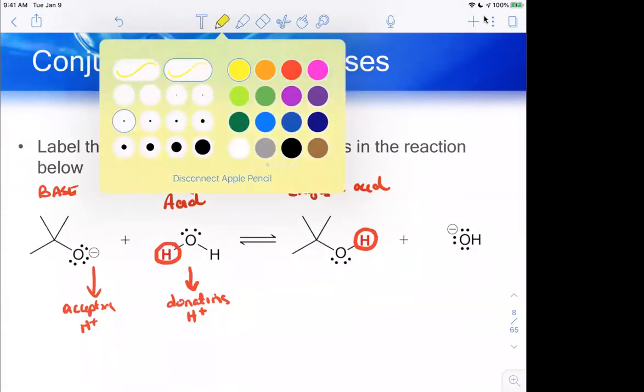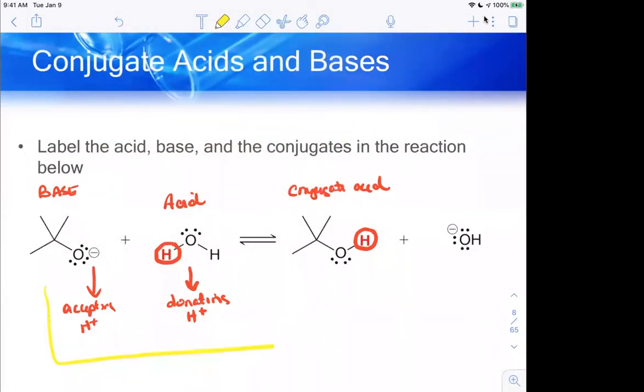Remember, this and this are now a conjugate acid-base pair. And then this is the conjugate base of water, which is the acid.